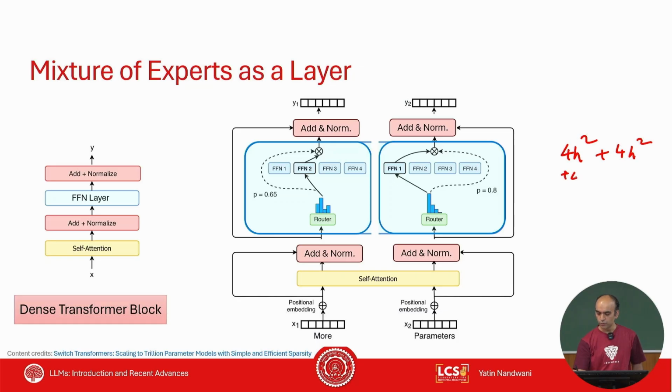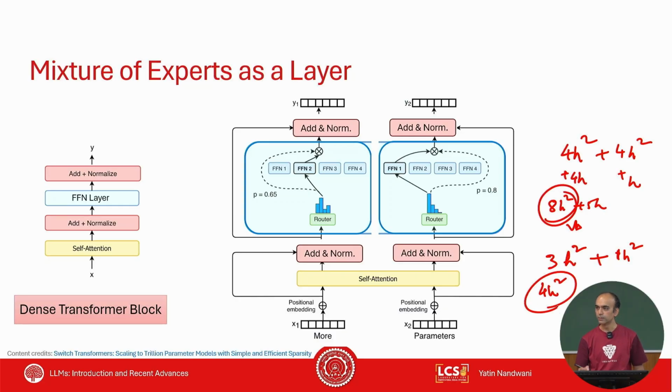This has 4h bias terms and this has h bias terms. So this is 8h square plus 5h. Versus in attention, we have the KQV 3 mappings, 3h square, plus a projection layer where we concatenate all the attention head outputs and pass them through a linear layer, which is h square. So this is 4h square. Most of the parameters are in the feed forward.